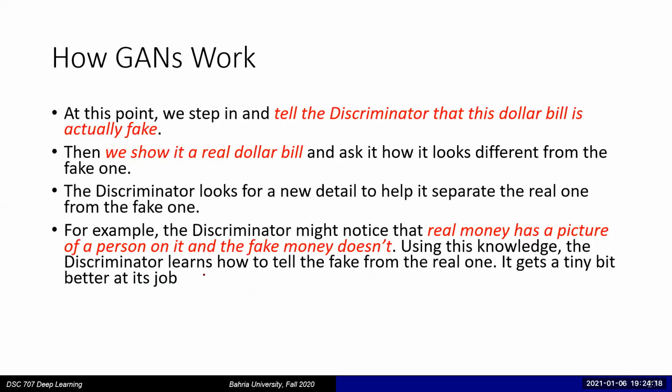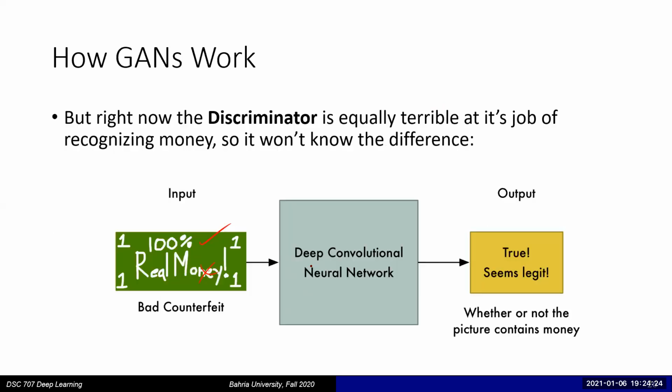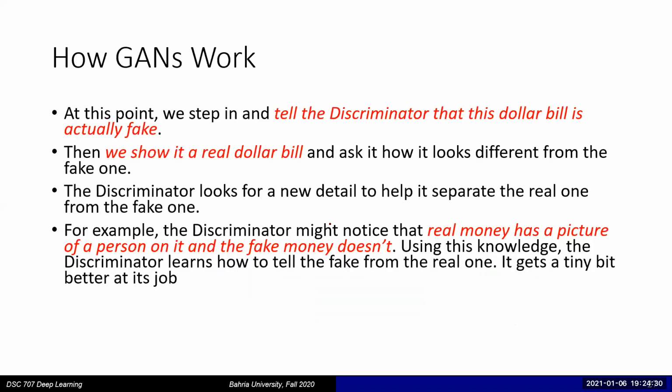Okay. Now, at this point, what you do, you tell the ground truth to the discriminator. So when the discriminator is looking at this image, and maybe it is saying it seems like it's true because it is not trained yet, then you will tell the discriminator that this is actually fake. And how do you tell? By giving the label.